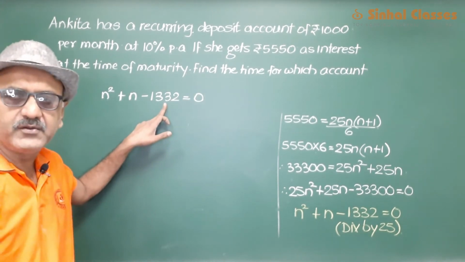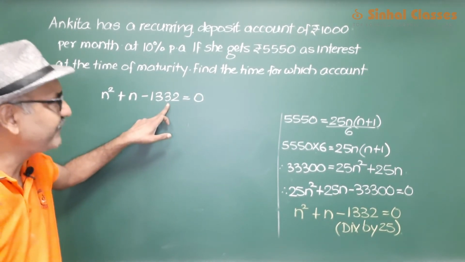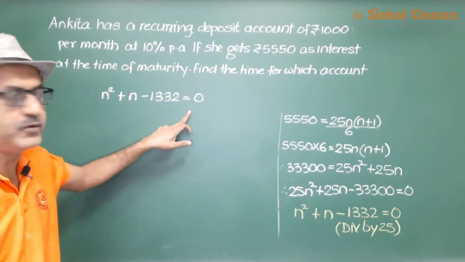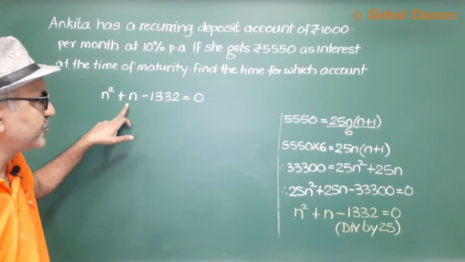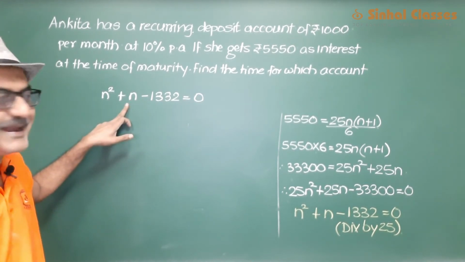Now, according to this quadratic equation, you have to find factors of 1332 which on subtraction should give you 1n.